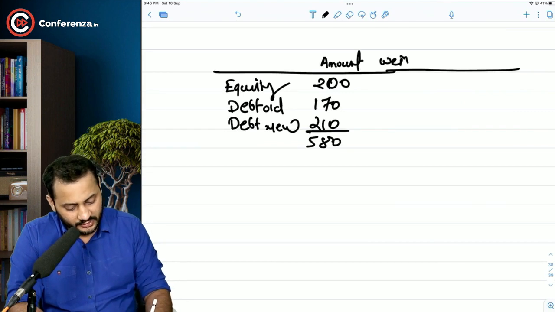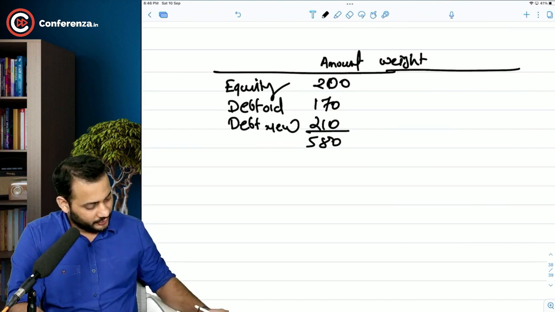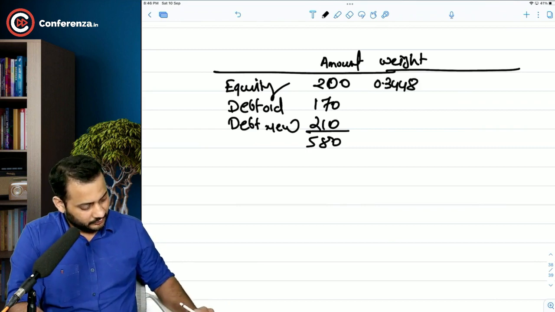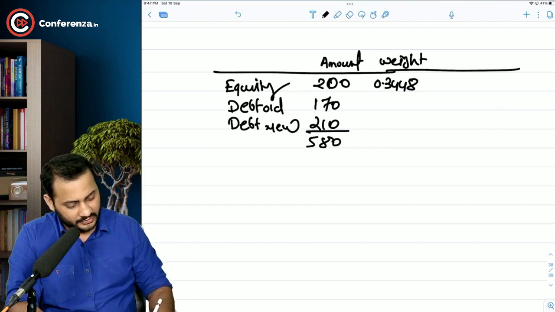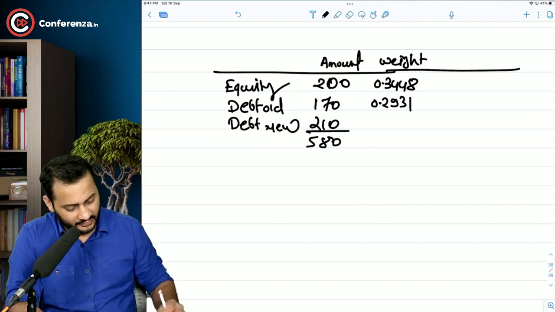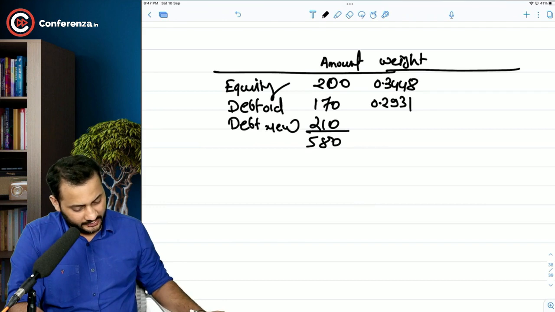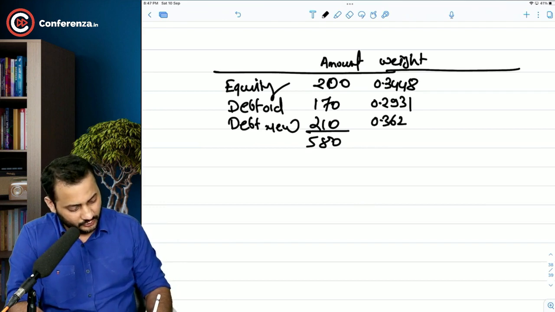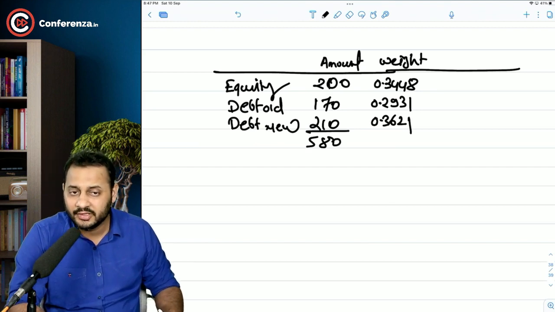Now let's calculate the weight of each. 200 divided by 580 comes to 0.3448. 170 by 580 is 0.2931. Then 210 divided by 580 is 0.3621. This is the weight of each of the capital in the company.